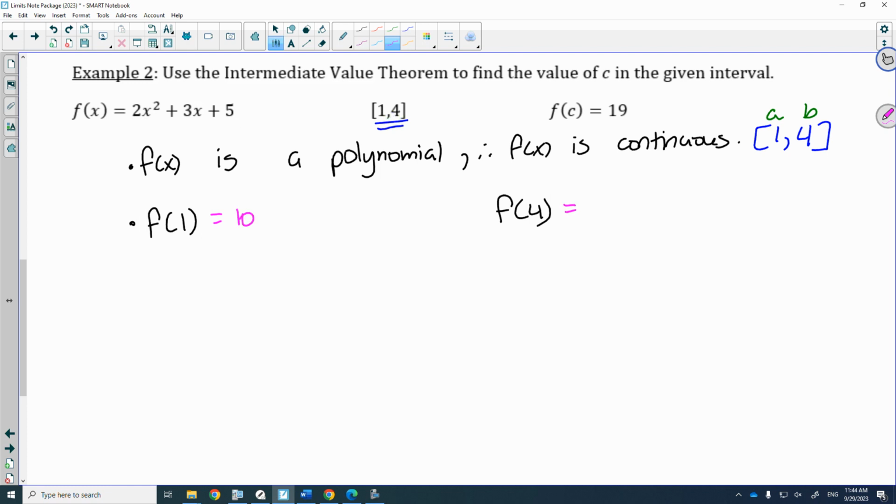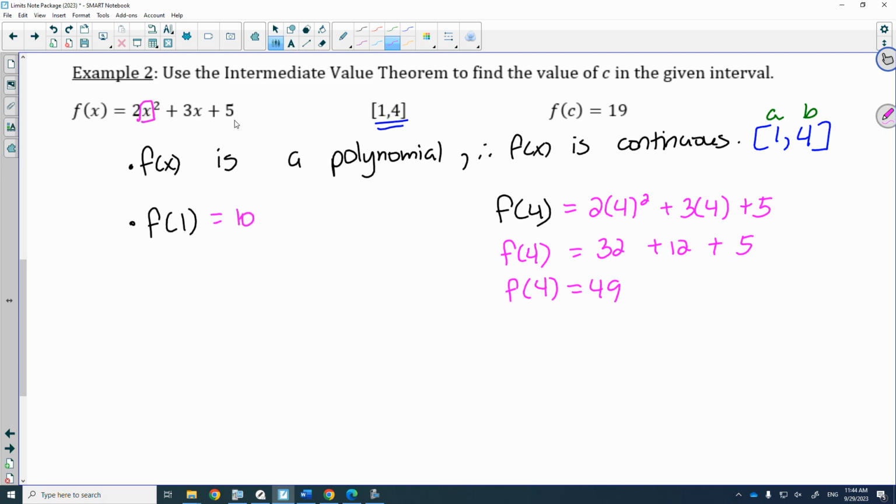F of 4 we'll actually have to calculate. So I've got 16 times 2, so I've got 32 and 12 and 5. So what are you guys getting? What is it? 49. F of 4 is equal to 49.